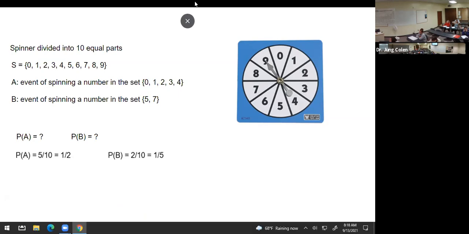So if I use my Venn diagram, event A and event B have no intersection. A has 0, 1, 2, 3, 4, B has 5 and 7. So nothing is in the intersection part.